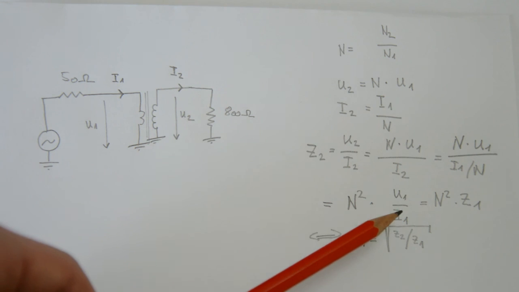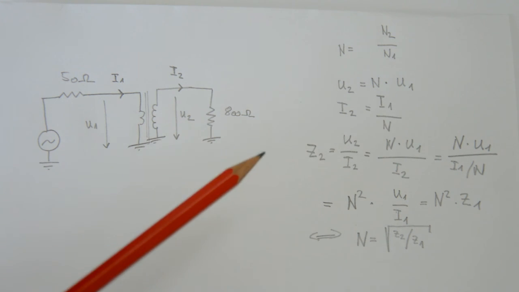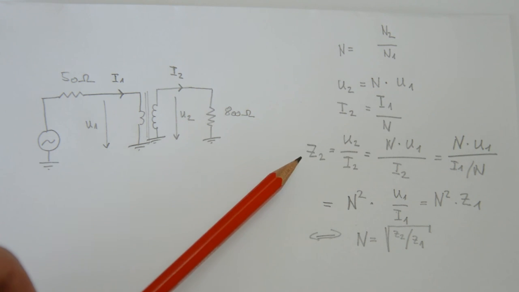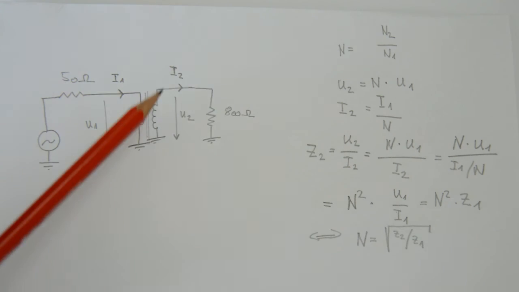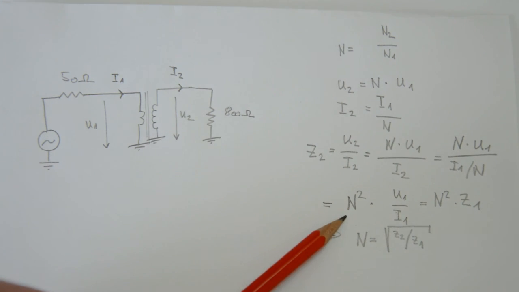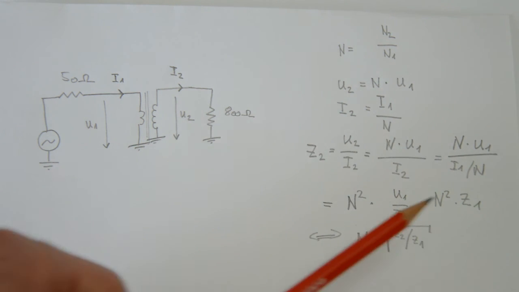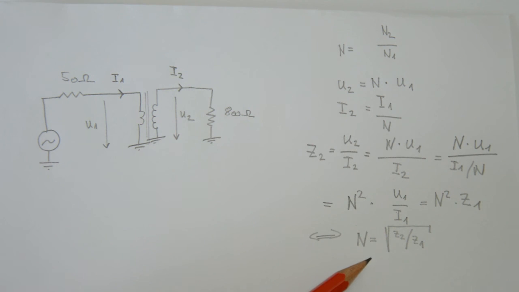And U1 divided by I1 is nothing but the impedance on the primary side. We already used this on the secondary side, where we said Z2, the impedance on the secondary side, is U2 divided by I2. So that is N squared multiplied by Z1. And then if we solve for N, we end up with the square root of the impedance on the secondary side divided by the impedance on the primary side.